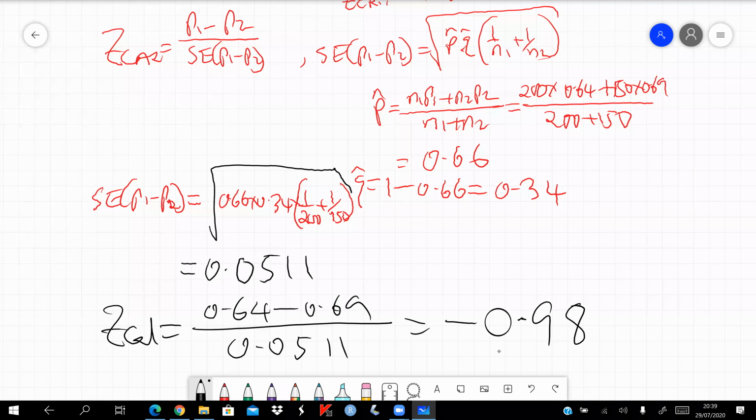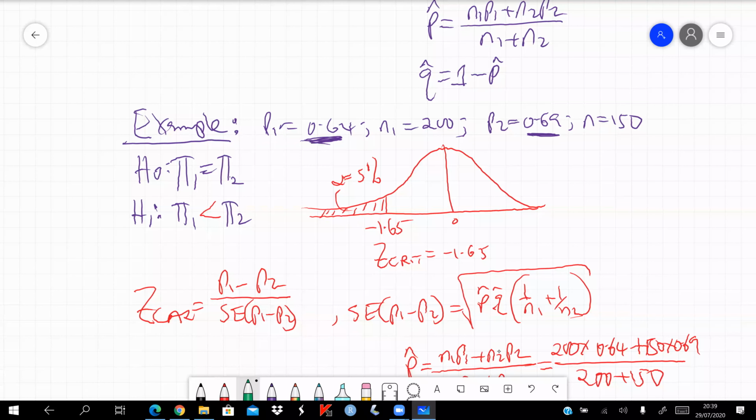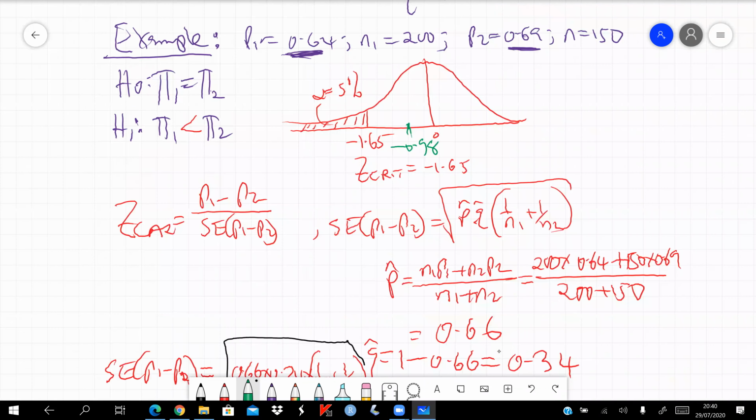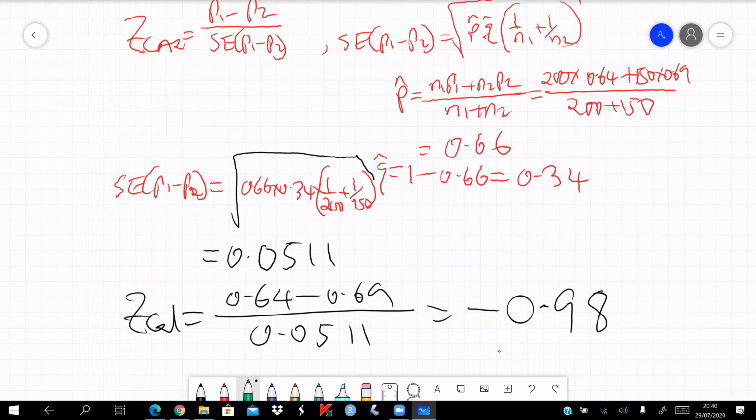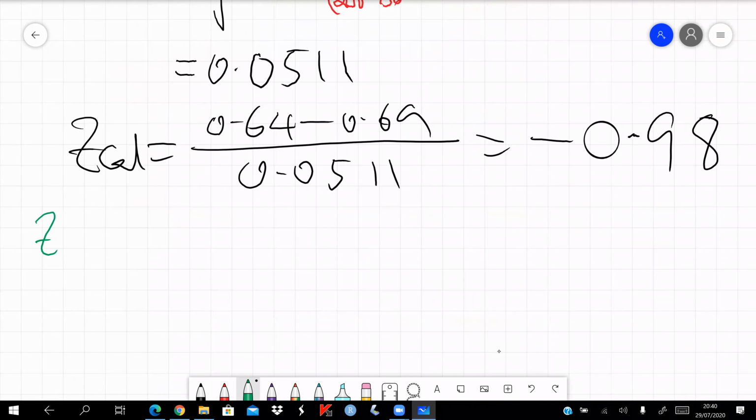So I need to make a decision. Where does it fall? It falls on the unshaded region, called the acceptance region, at minus 0.98. So I need to say what to do with the null hypothesis. Z calc, which is minus 0.98, falls in the acceptance region.